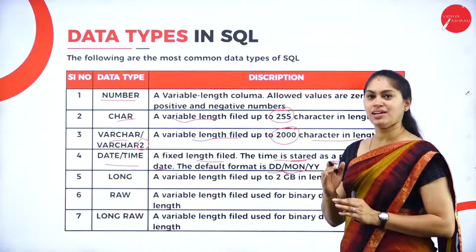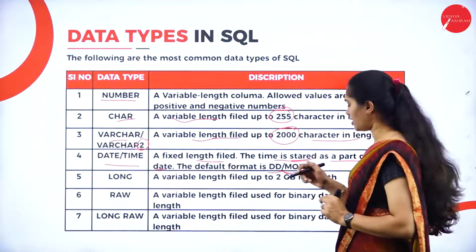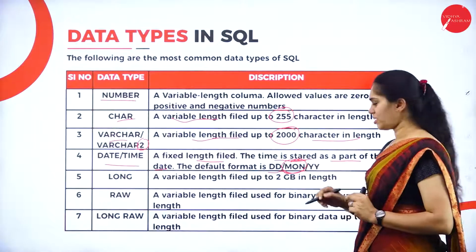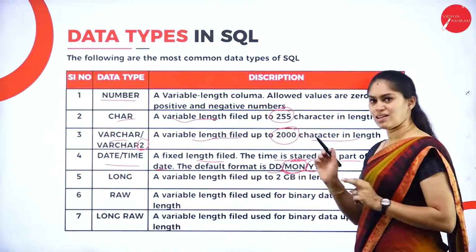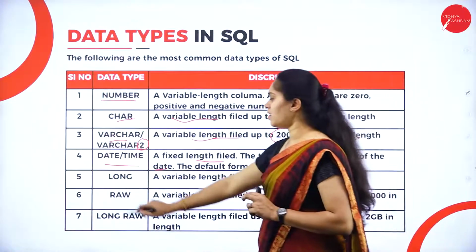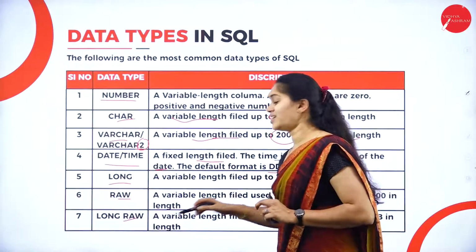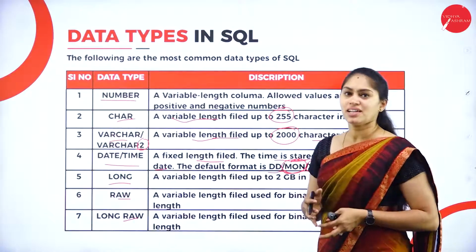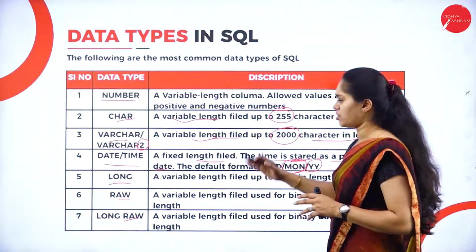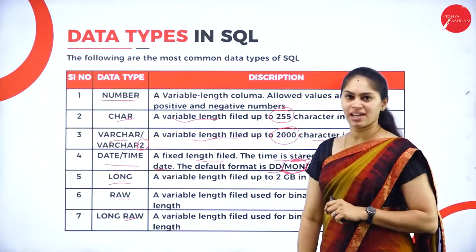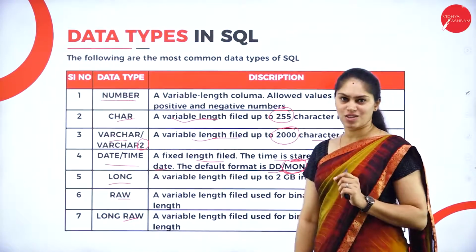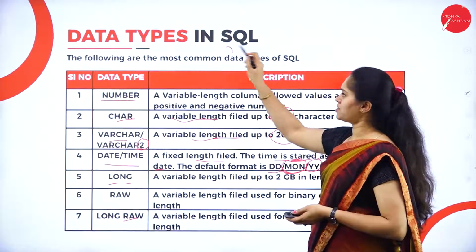If it is December, you have to use DEC. In that manner you have to give it, and for the year you can use only the last 2 digits. And also we have LONG. All these are based on the size and the type of data they are able to hold. So these are the commonly used data types we have in SQL. So this is regarding data types in SQL.